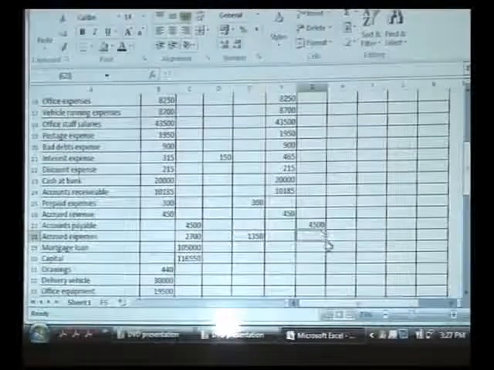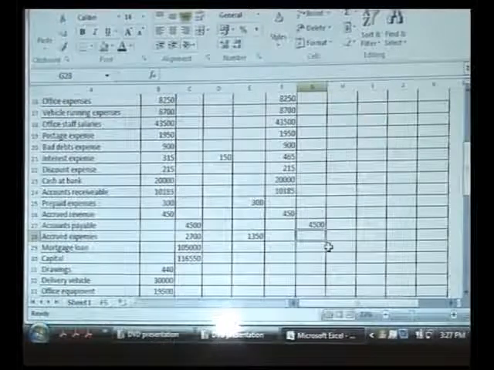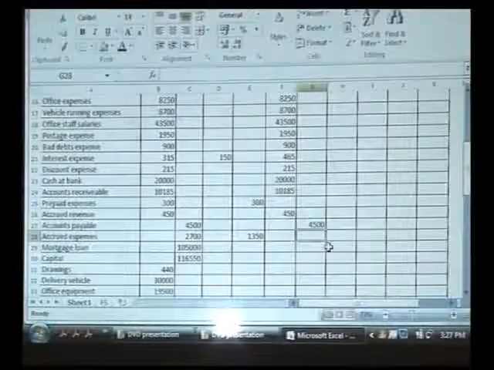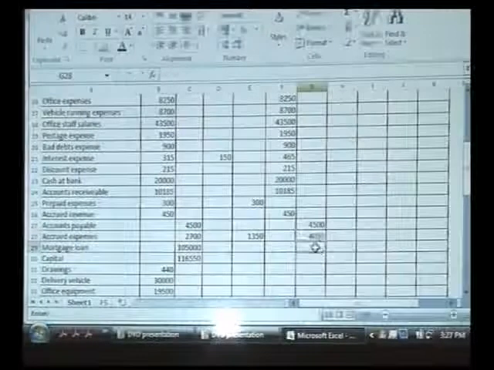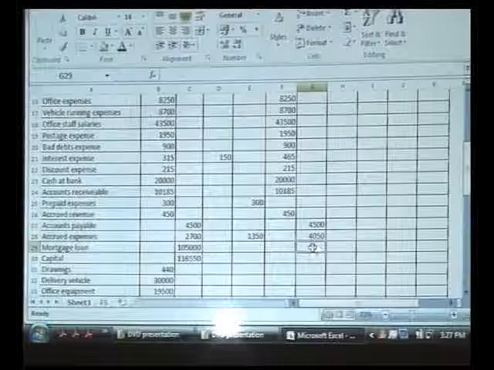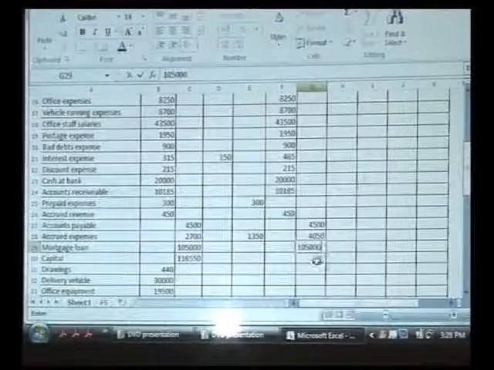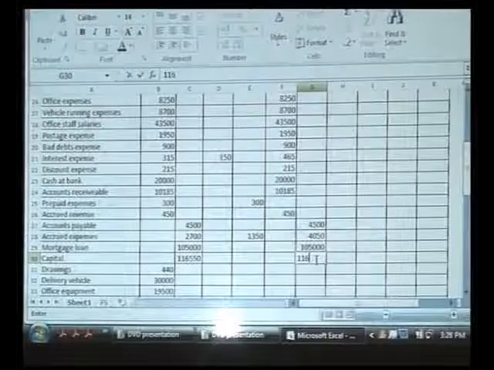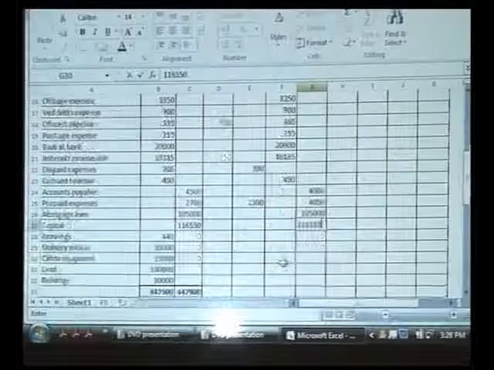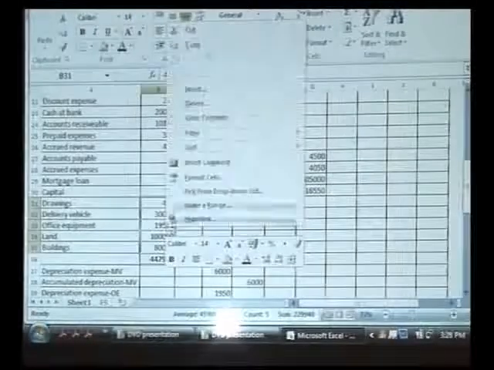So then credit 4,050, right? 4,050. Mortgage loan, no change. Capital, no change. All these figures, no change.